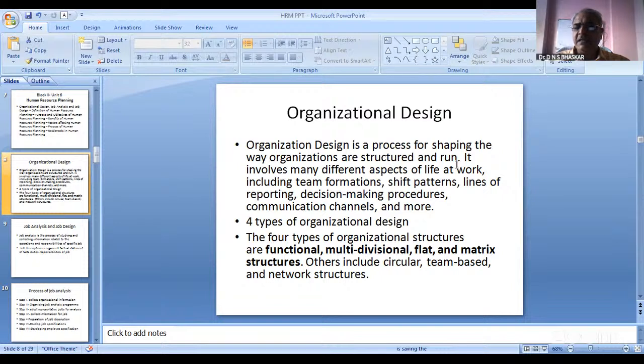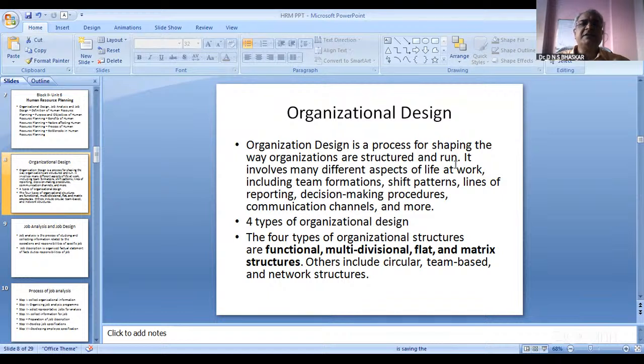It involves many different aspects of life at work, that is how the people are at work, including team formations, what type of people must be in the team, and what type of skills they should have. What is the shift pattern, whether it is a continuous day shift only, or multiple shifts are required, and so on. And lines of reporting, as I told you, who is reporting to whom, that is very important. Decision making procedures are also important.